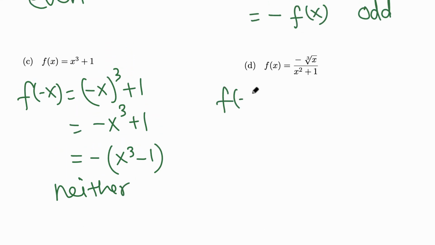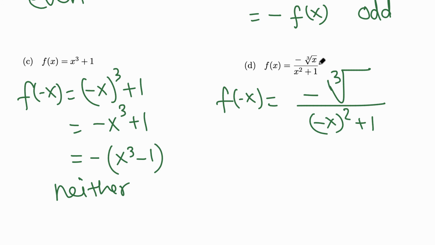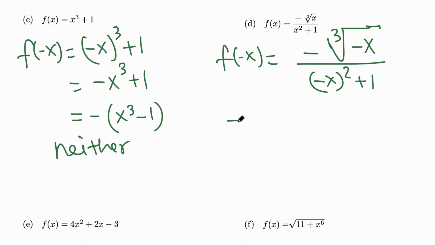Let's do the same thing. Replace x by negative x. So on the bottom, negative x squared plus 1. On the top, cube root of negative x. On the bottom, negative squared means positive 1. Cube root of a negative number will be negative. Okay, we can pull that outside. In fact, negative cube root of x, we cannot take x outside because we don't have x cubed, but this is negative 1.